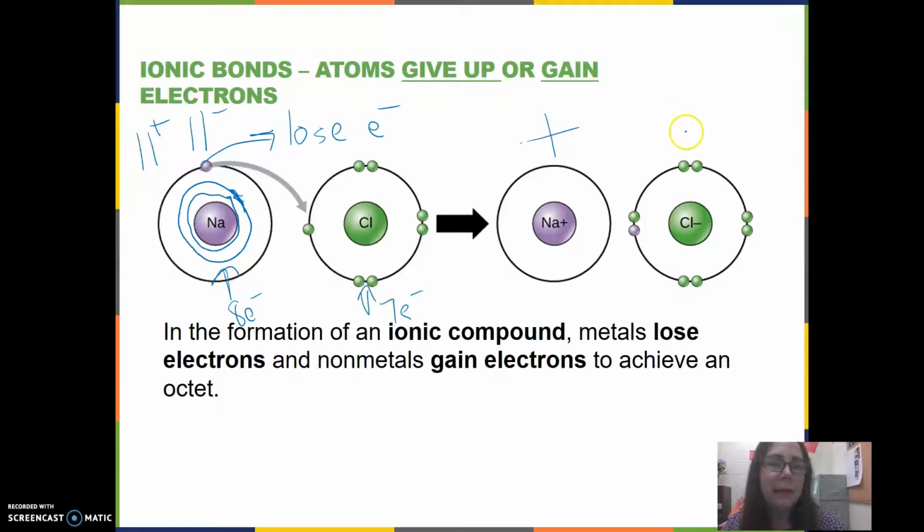By gaining an electron, it gains a negative charge, and we know that opposites attract. So ionic compounds form when positive ions and negative ions are attracted to each other. The positive ion loses an electron and the negative ion gains an electron. And why do they do this? They do this to achieve a stable octet formation.